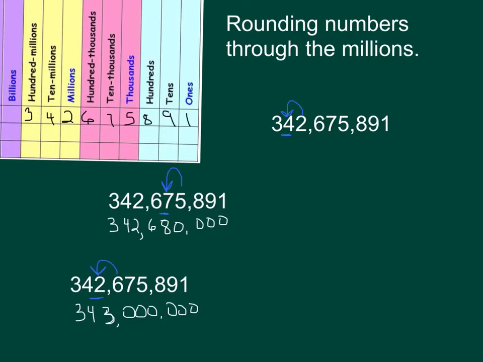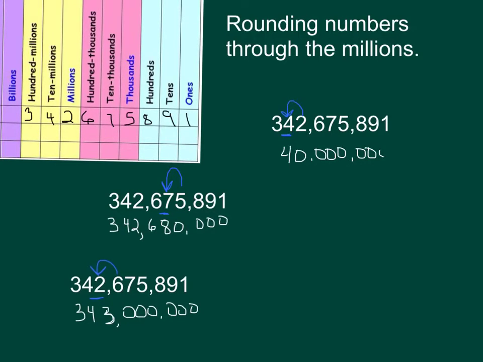So let's think of our saying. Is this number 5 or more, or 4 or less? If you said 4 or less, you are correct. So if this is 4 or less, then this number will rest, right? So what we're going to do is keep our 4. Everything behind it turns to zeros.